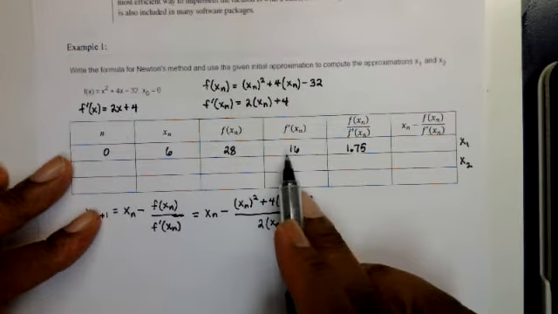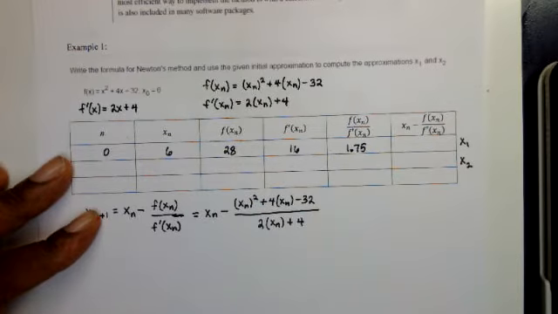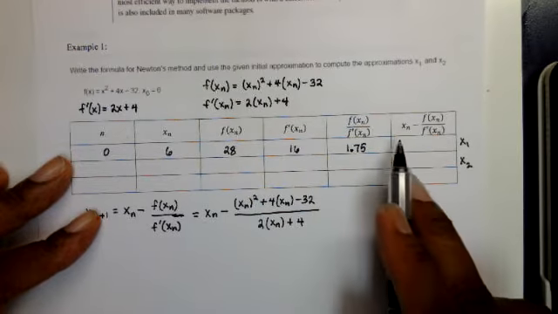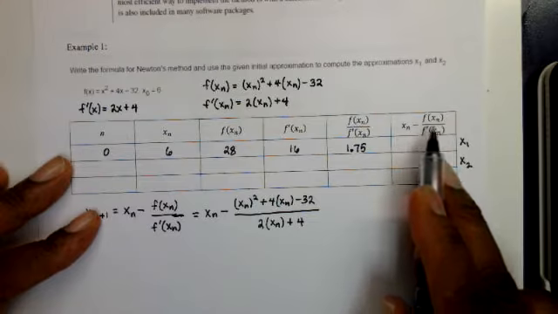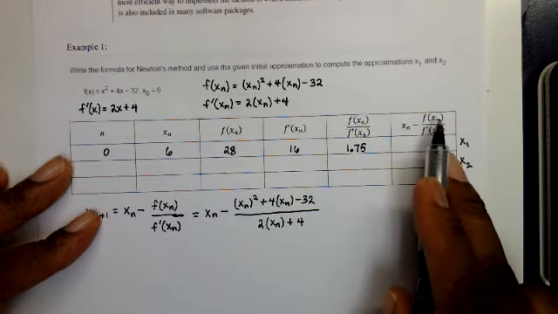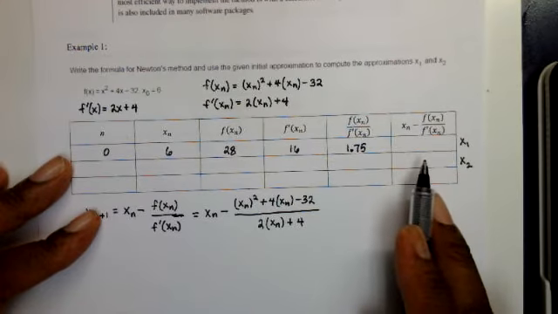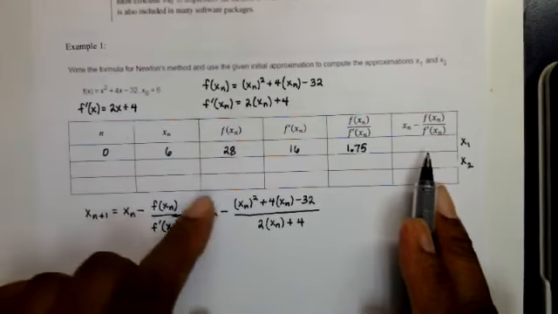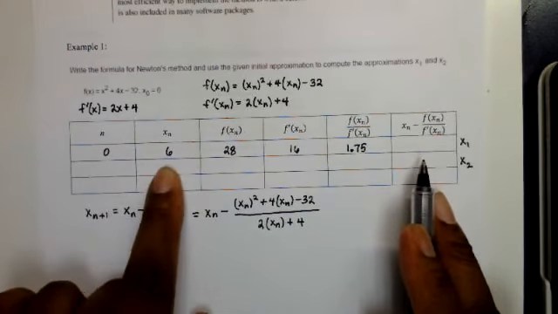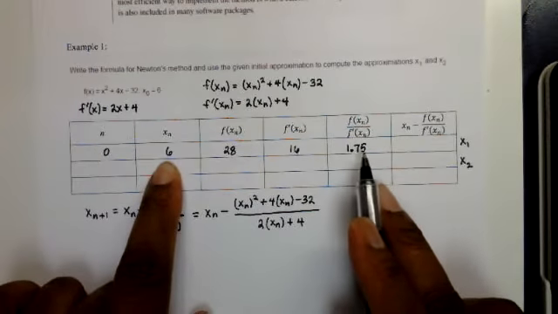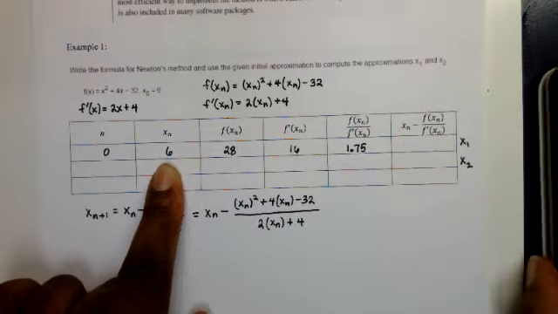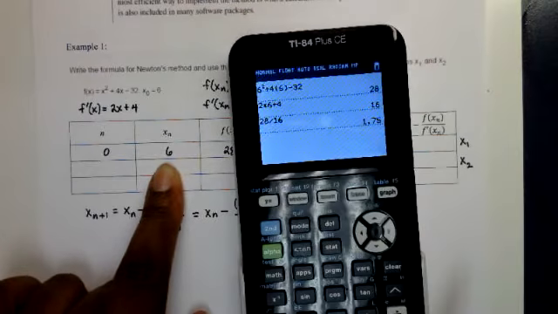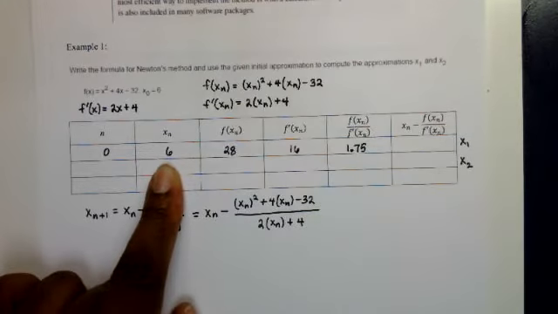I took this number divided by this number to get that 1.75. And then finally, x sub n minus f of x sub n divided by f prime of x sub n. In this case, that's going to be the x sub n right here, which is 6, minus this number right here, 1.75. So if I do 6 minus 1.75, that would give me 4.25.